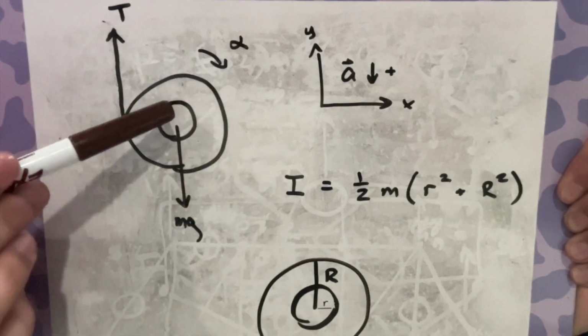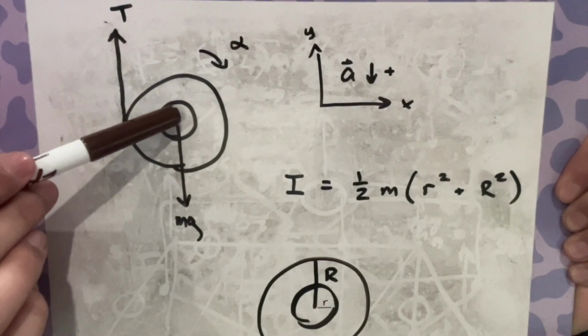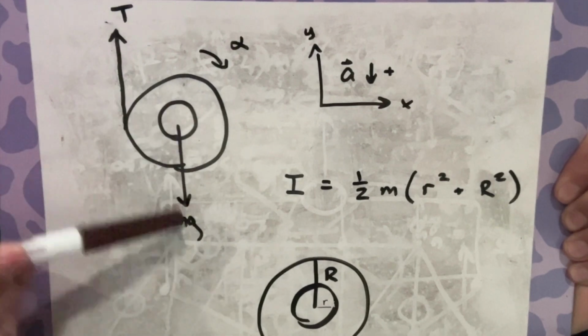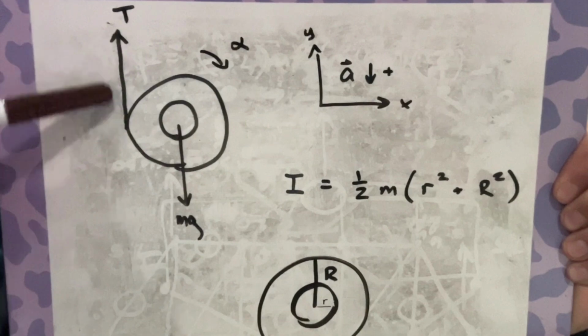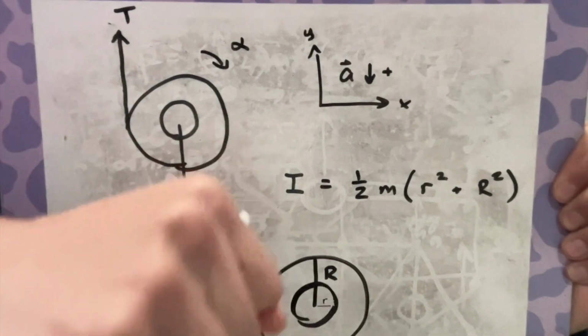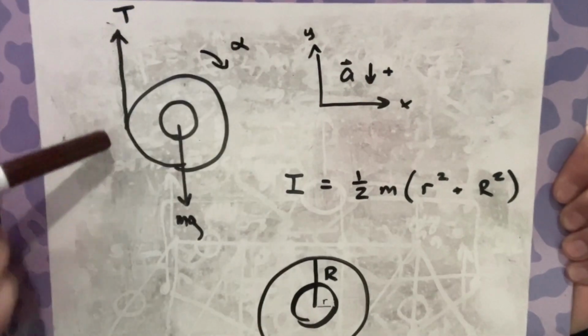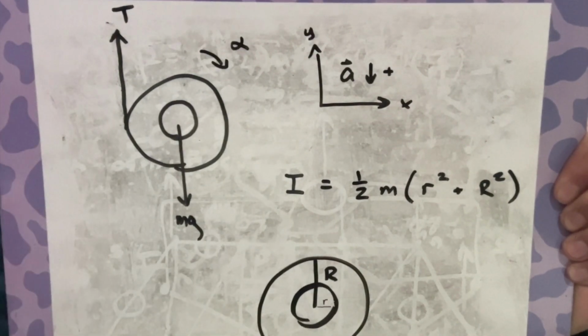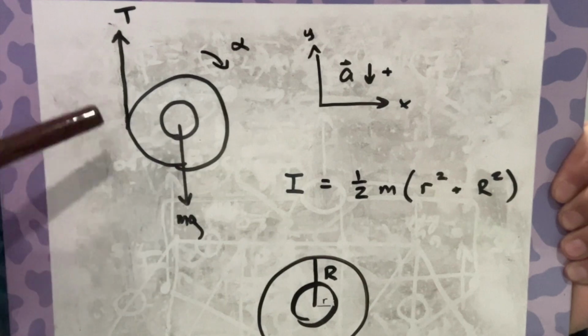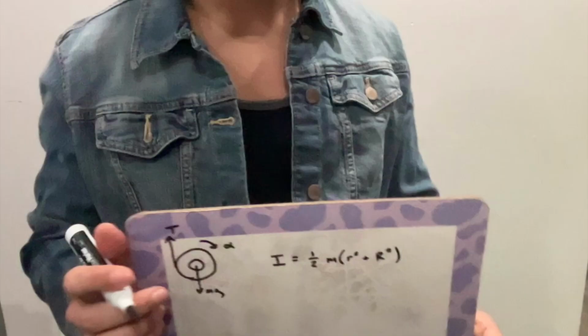You could either assume it's rotating about the center and ignore mg, or it's rotating about the tension point right here, where I'm grabbing the toilet paper roll, and ignore this tension. For the sake of using the parallel axis theorem, I'll find it about here.